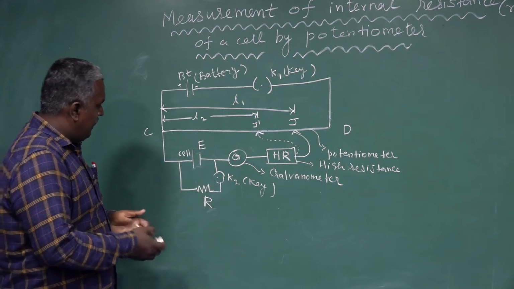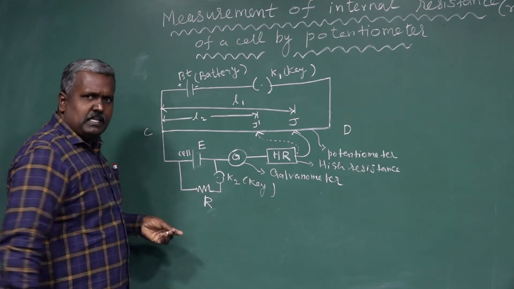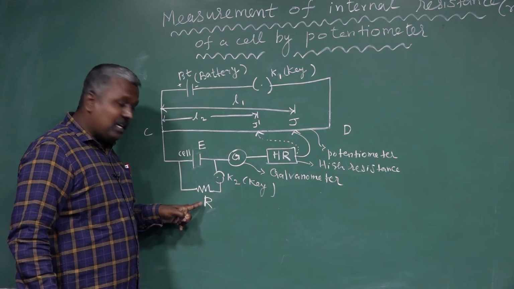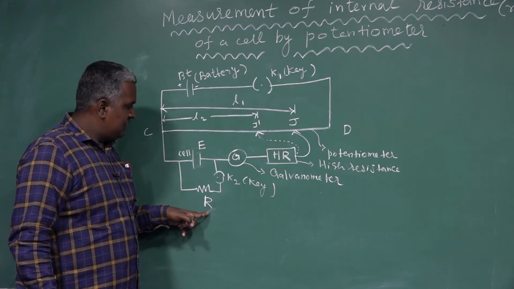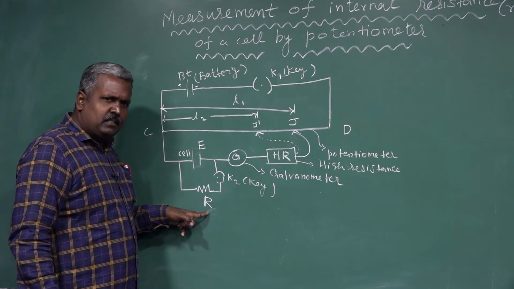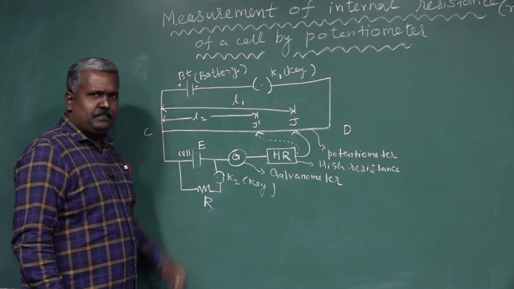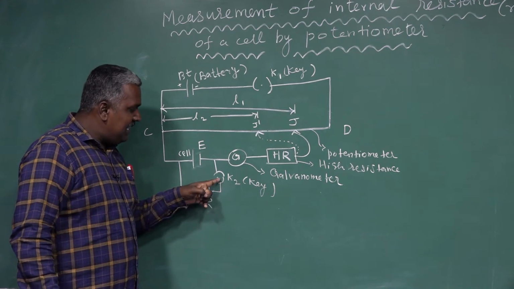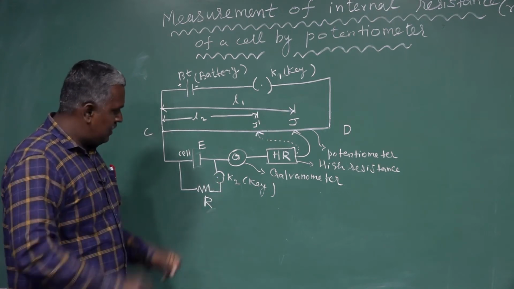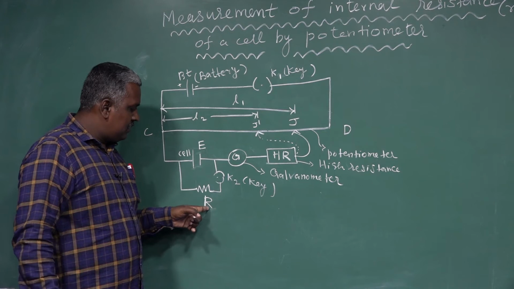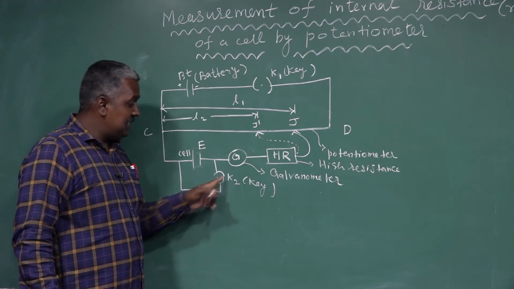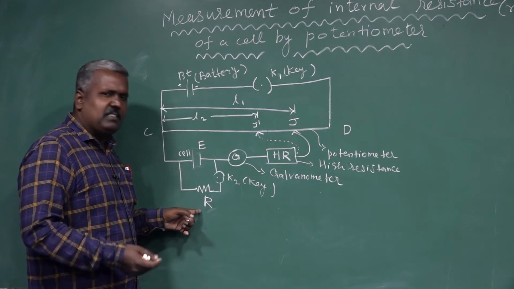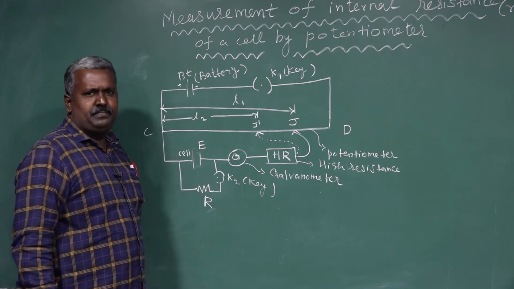Then the external resistor of resistance R is connected across the cell with the key K2. That means the external resistor of resistance R and K2 are connected in series across the cell.